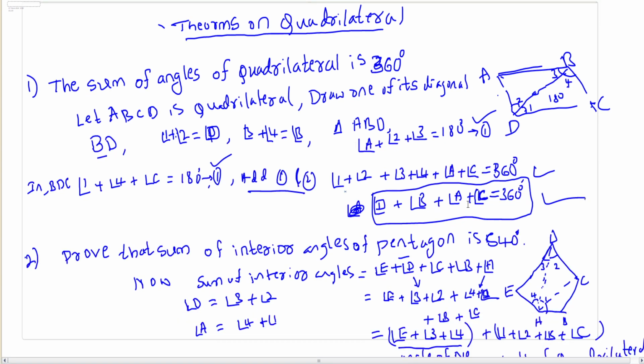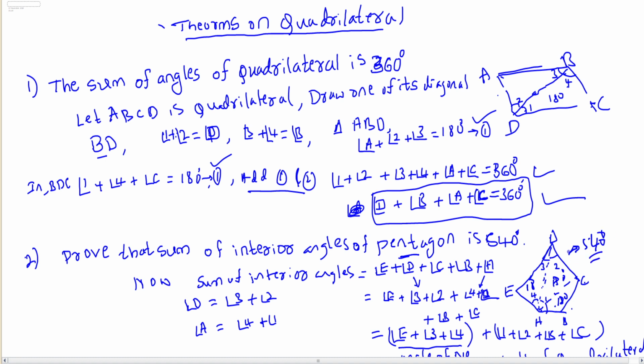The second theorem: the sum of the interior angles of a pentagon. Take pentagon ABCDE and join the diagonals. We get triangles, each 180 degrees, and adding them gives 540.